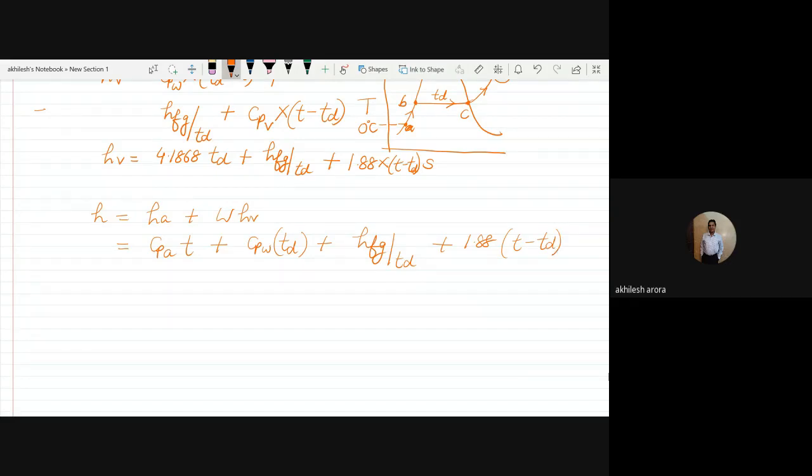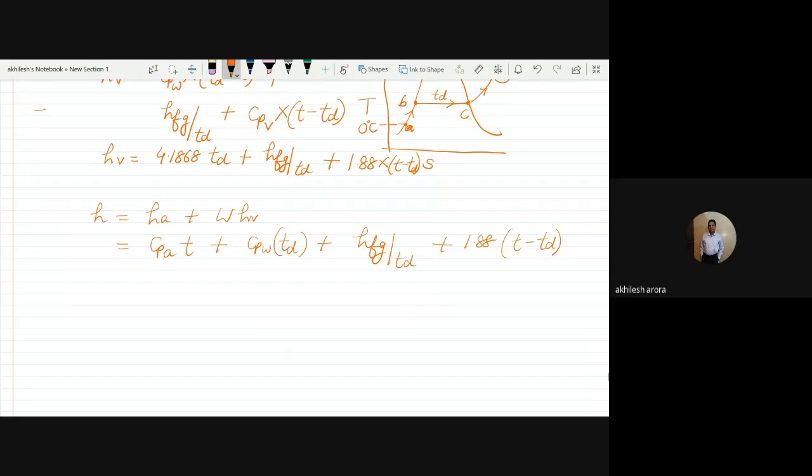So this is the most accurate value, you can say, of the enthalpy of the moist air.